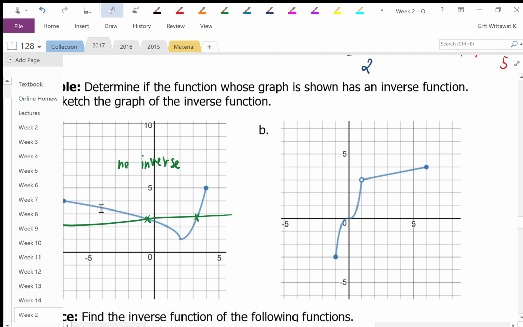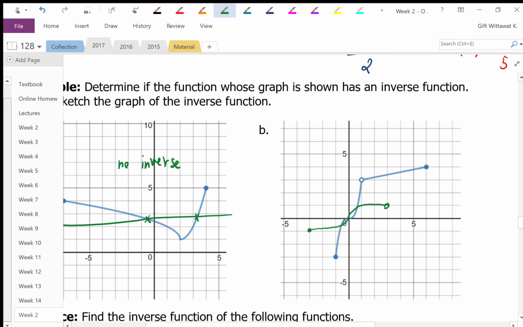For part B, if you were to draw a line anywhere, it would intersect this graph at most once. So this graph has an inverse, and the graph of the inverse is going to be the mirror image of this one. It's going to be a little tricky to draw. Let me try that.